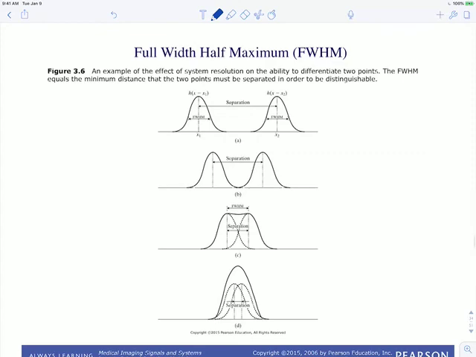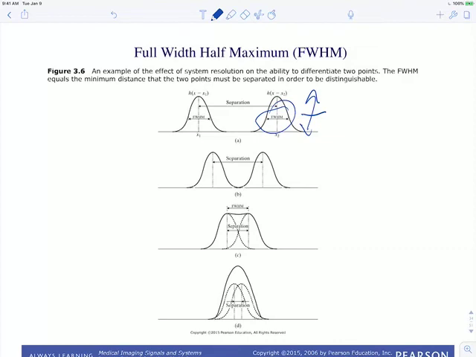So the typical way to define point spread function is what's called full width at half maximum, or abbreviated FWHM. Essentially all you do, and here the assumption is you have a rather smoothly falling off function, you look at its maximum, take half of that, and then measure the width at that half maximum, and that's the full width half maximum.